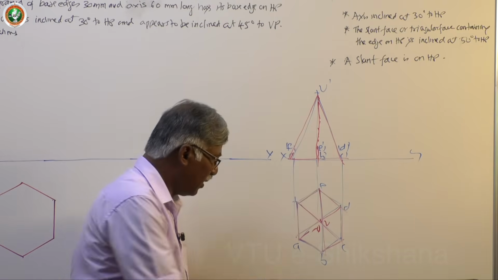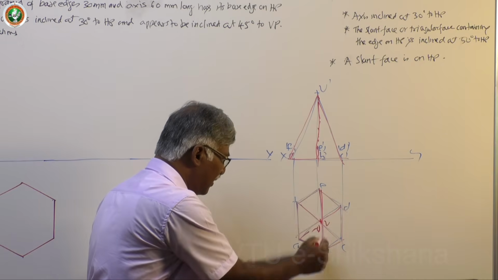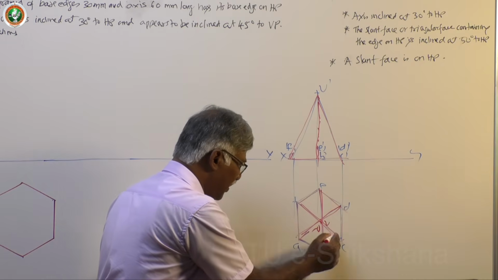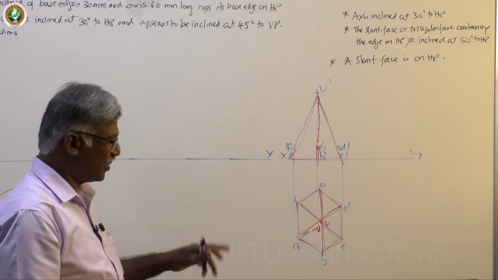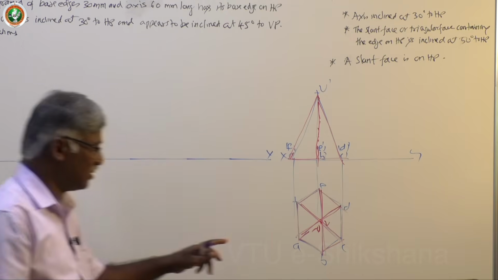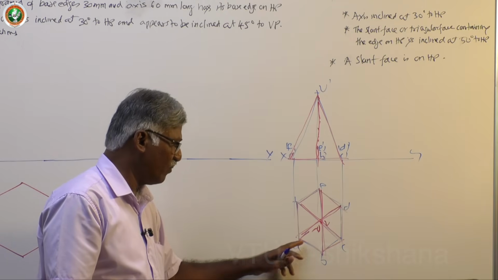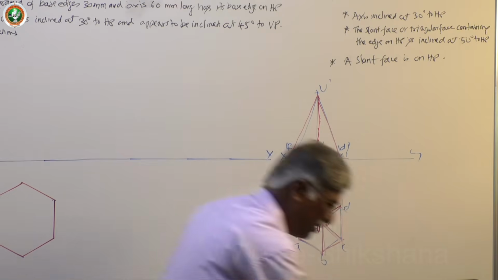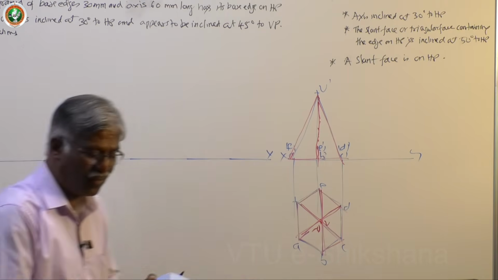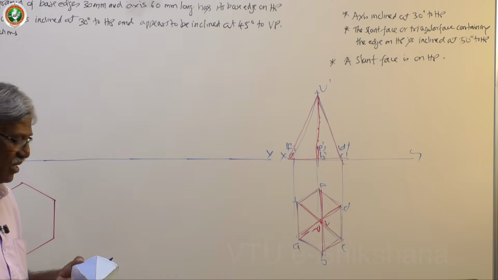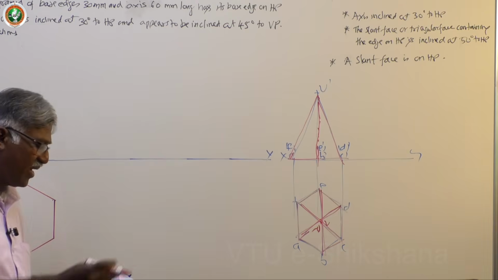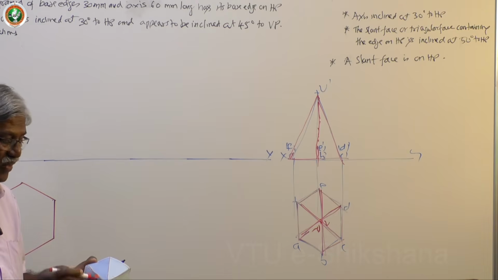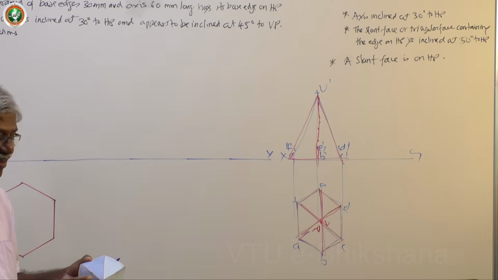Now the slant edges which appear as diagonals must be dark, because these 6 lines starting from V to all corners represent slant edges. See, these are the slant edges. If you look from this direction, the print on VP, what do you get? A hexagon with lines joining all corners with the apex, and all are visible.